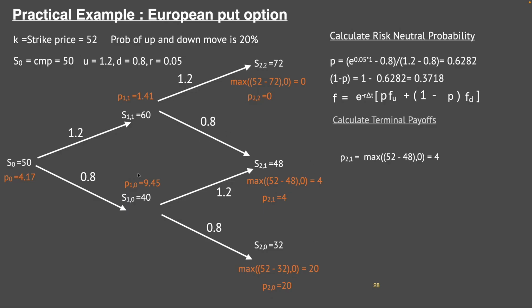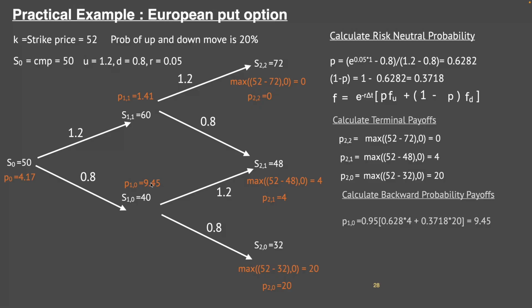Now we have to work back to get the value of the options at these particular nodes. Understood? Now how do we do that? This is calculated using the backward probability payoff.